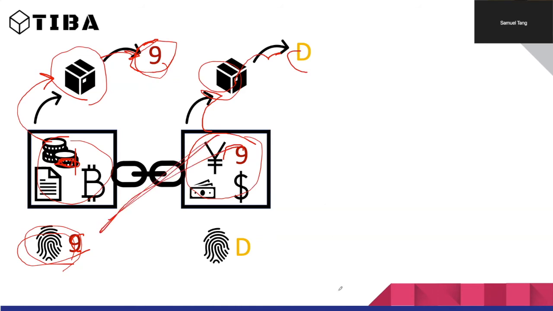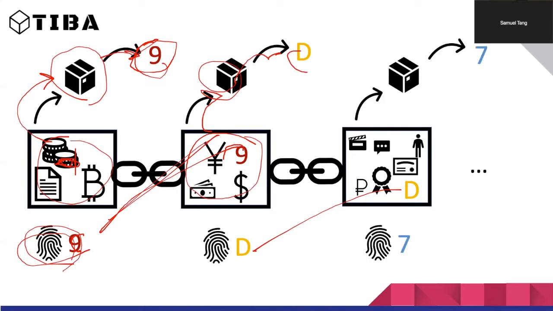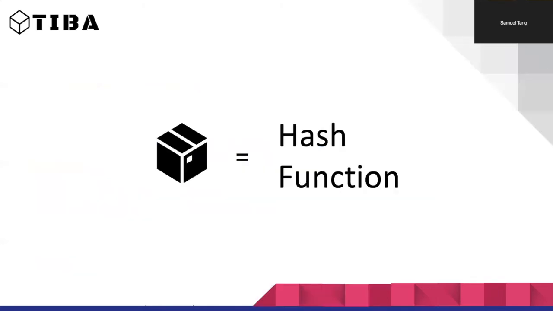We'll go over an example in just a minute, but that's the key idea. Then again, you have some more data, and you link those by putting the fingerprint of the previous block into the next block, and so on and so on. That's what's meant by blockchain, right? Again, the magical box right here is basically the hash function.